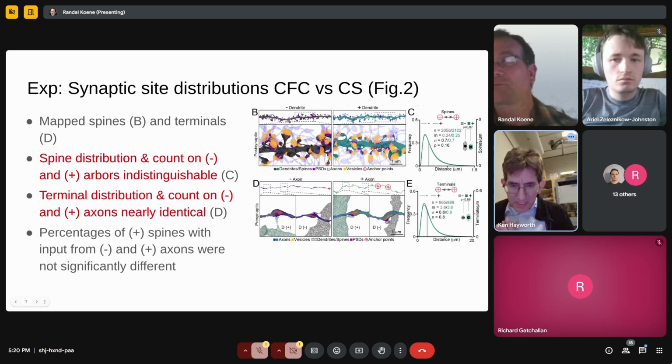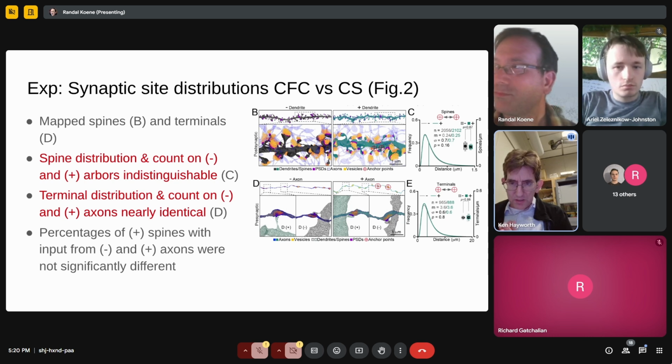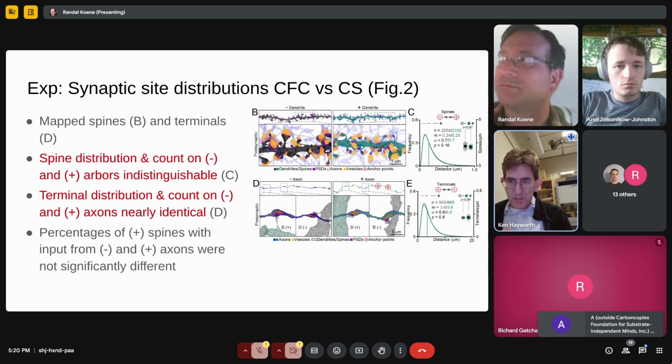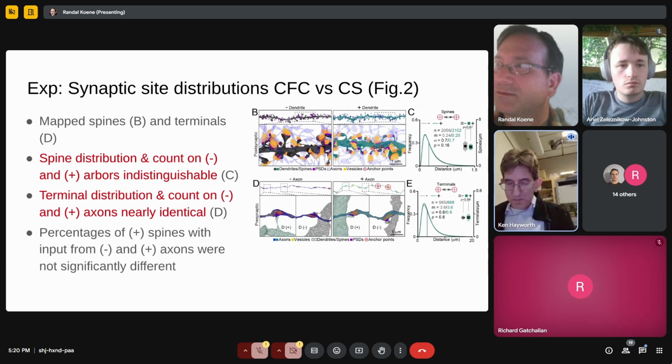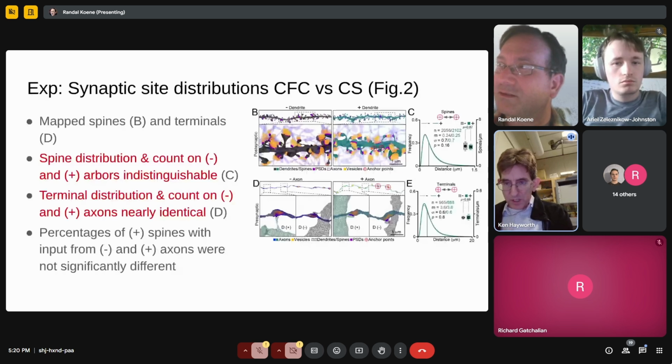So, I was having a hard time digesting that when I was reading through the paper. So the curves in C and E are really saying that more synapses are not being created between the plus and plus, right? The engram axons and the engram dendrites in CA1.